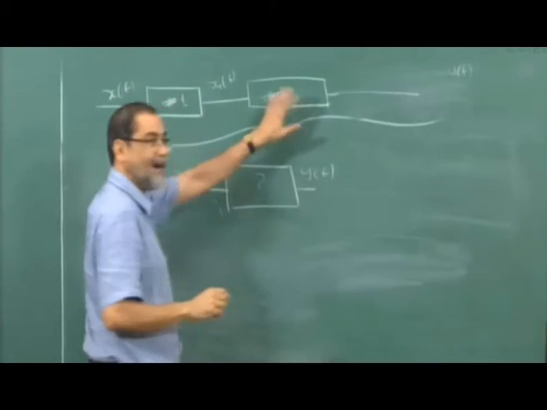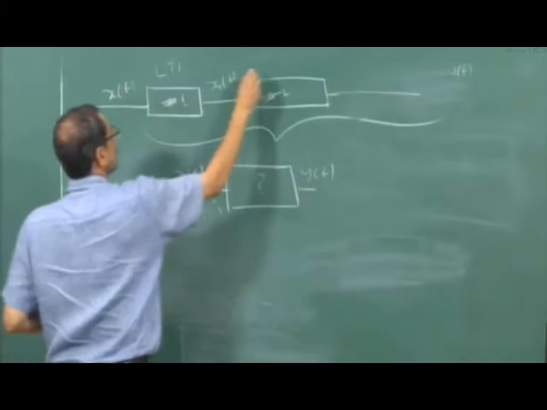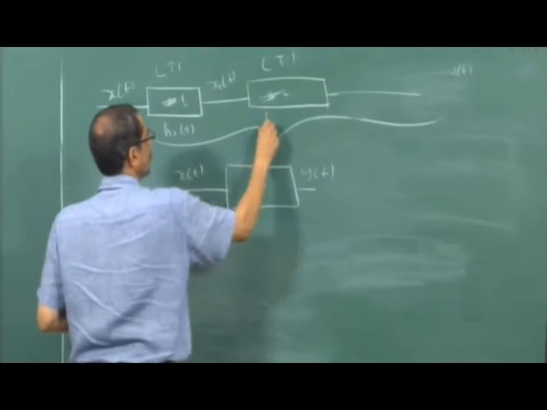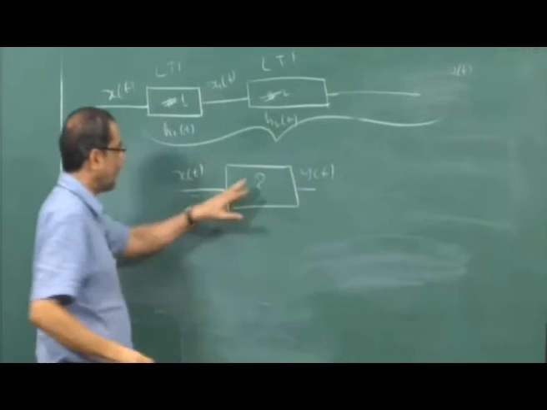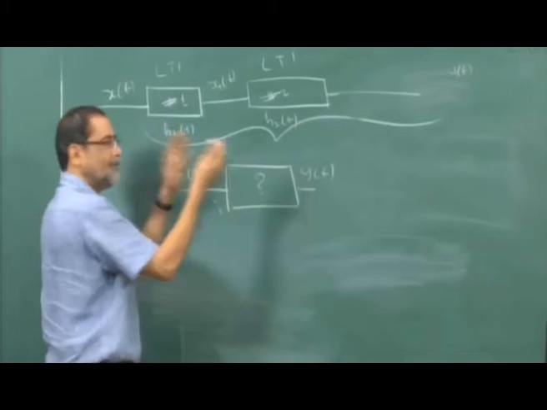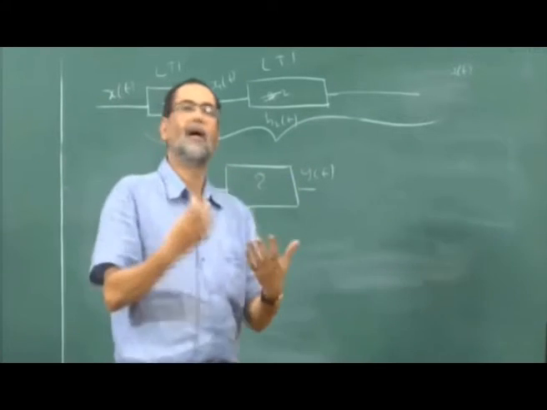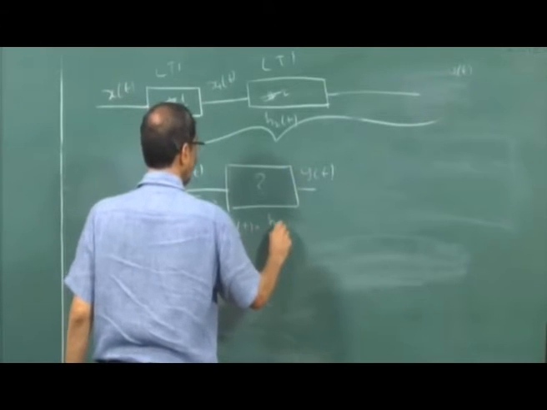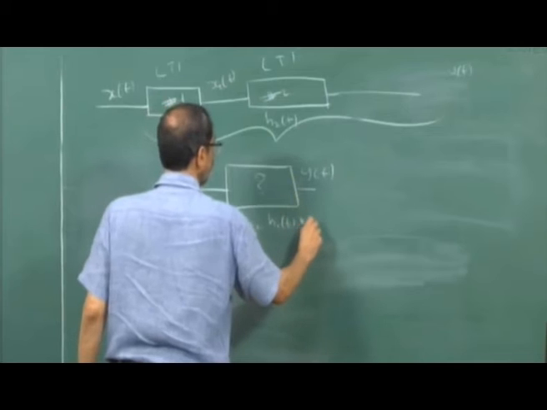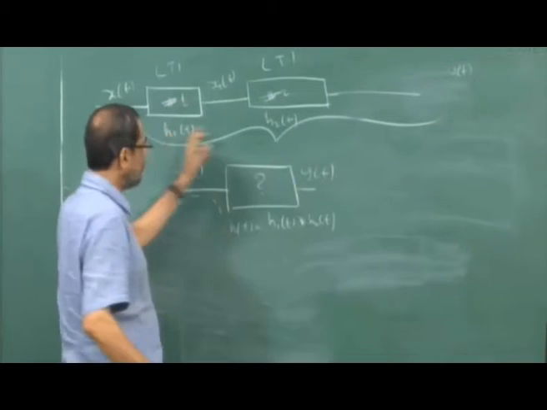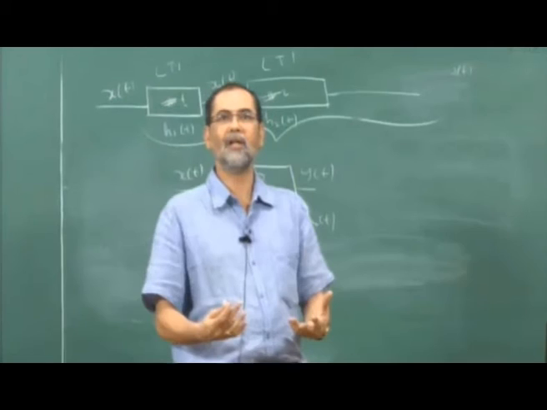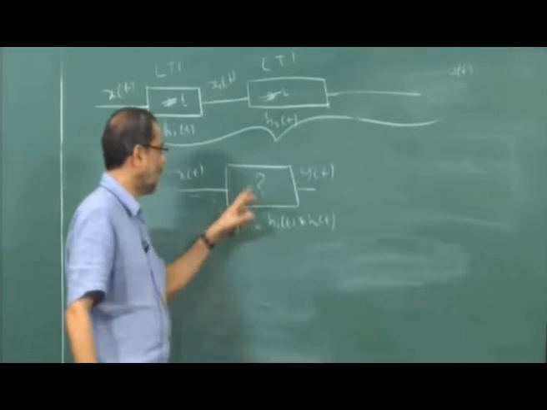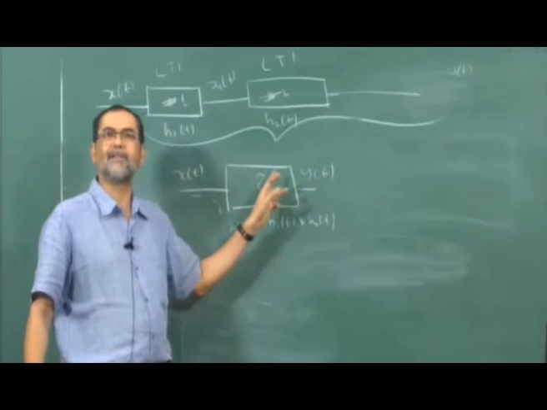If they are LTI systems, with impulse responses H1 and H2, then the combined system will have a new impulse response H of t, which you can show is the convolution of H1 and H2. Individual impulse responses can be convolved. That gives me the combined impulse response for this tandem connected system.